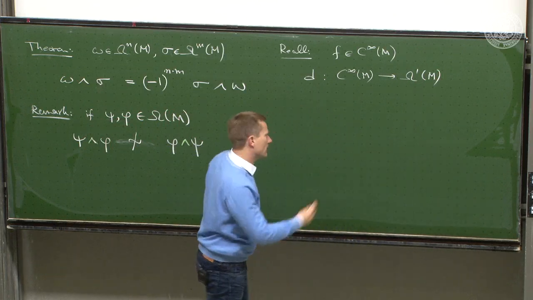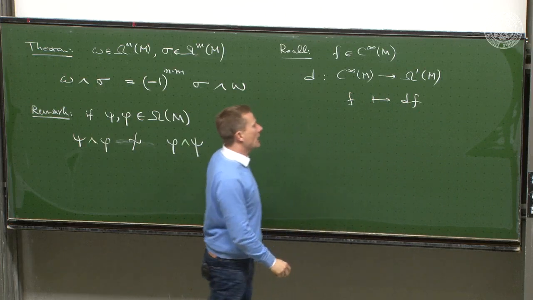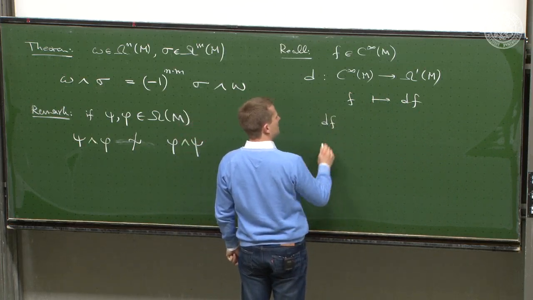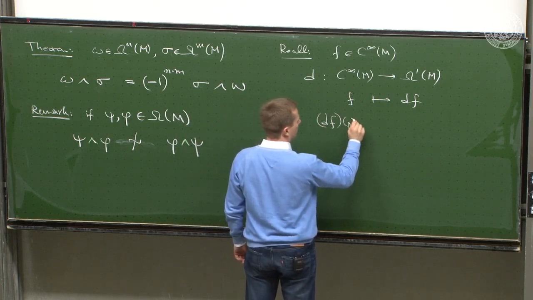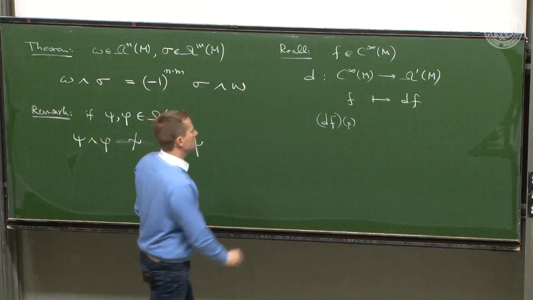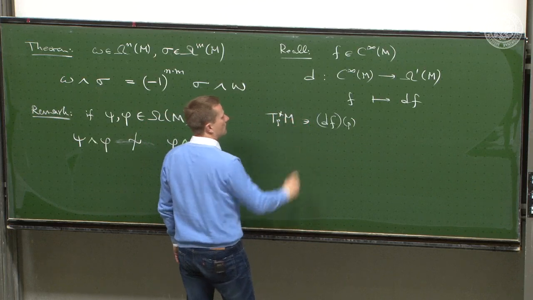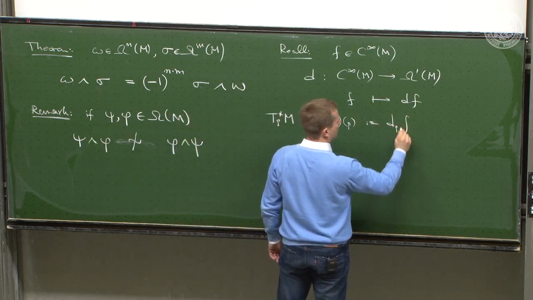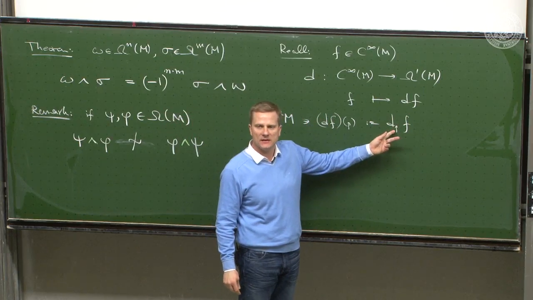So f is sent to df, and that's a one-form. Why is that? Because I can define this one-form at a point, making it an element of the cotangent space, by what I wrote down before as d sub p f, which we defined.